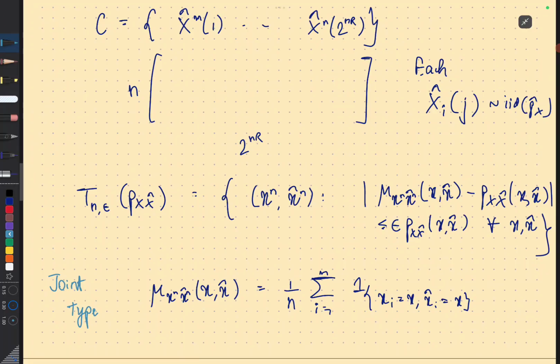Again, nothing conceptually new, it should just follow from the law of large numbers. Our goal will be to make use of this property, that in high dimensions all of the empirical frequencies are close to the true probabilities, in order to construct the encoder for our lossy source code.